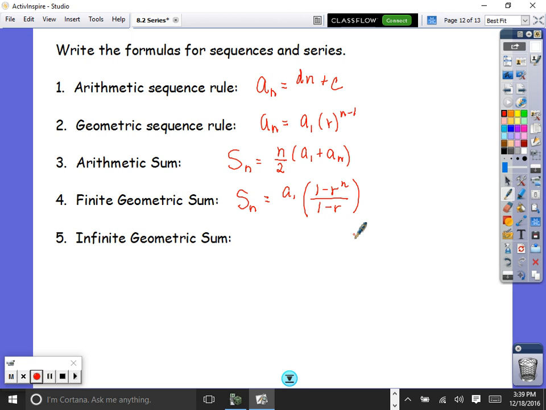And if it is an infinite geometric series, this part is eliminated, so it is just the first term divided by 1 minus the ratio. And there should be all your rules to follow you through.